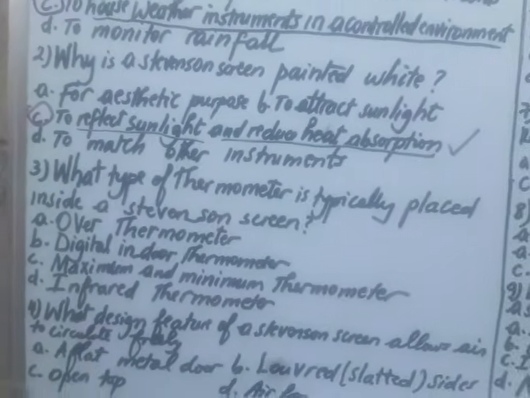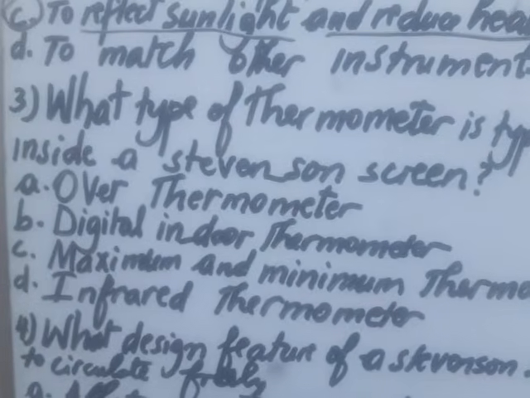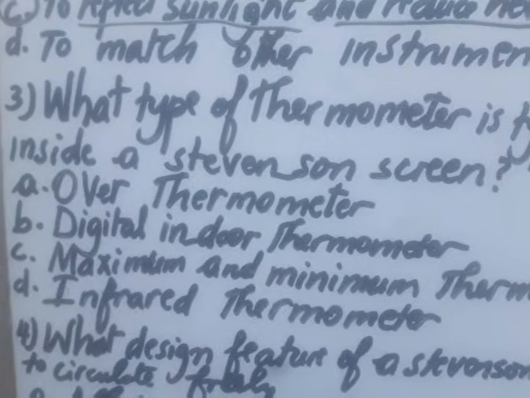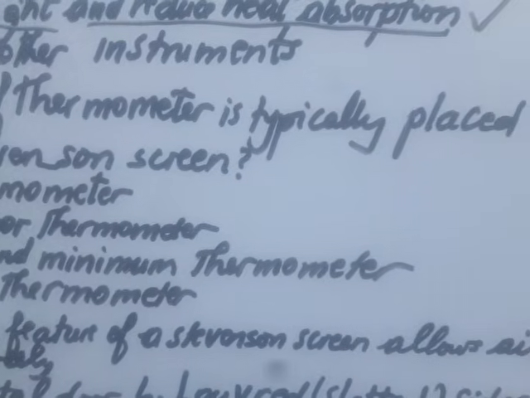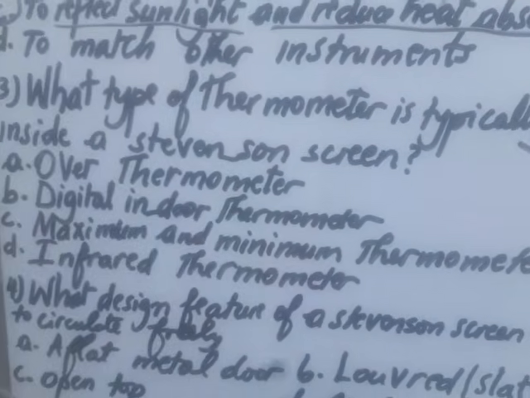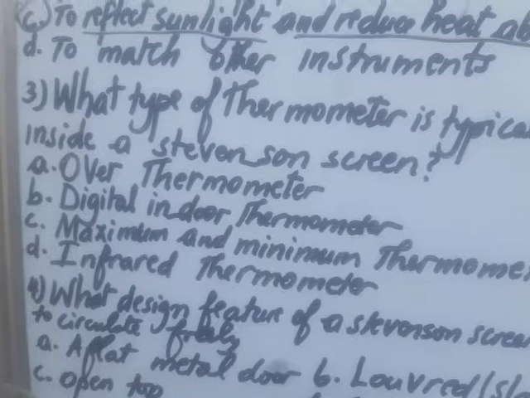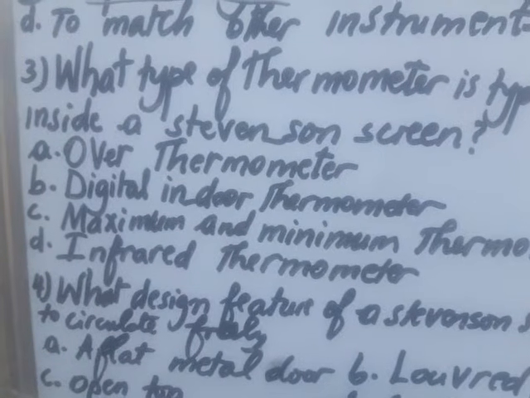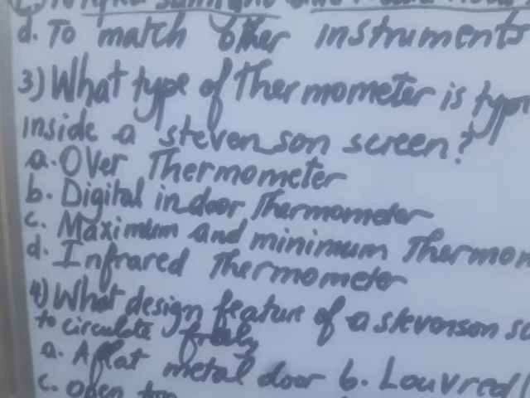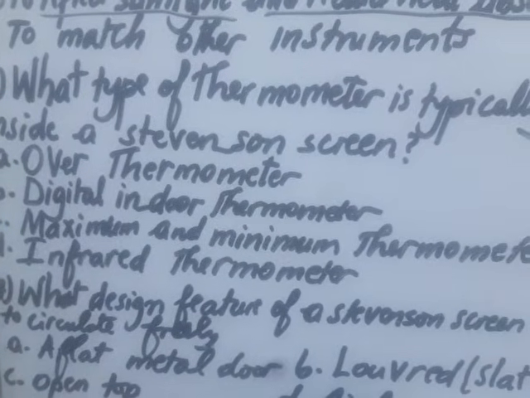We go to question number 3. Question number 3 is asking what type of thermometer is typically placed inside the Stevenson screen? A, over thermometer. B, digital indoor thermometer. C, maximum and minimum thermometer.